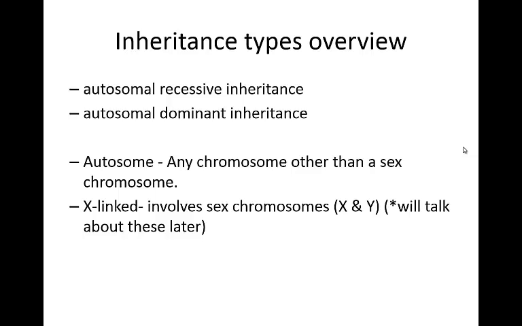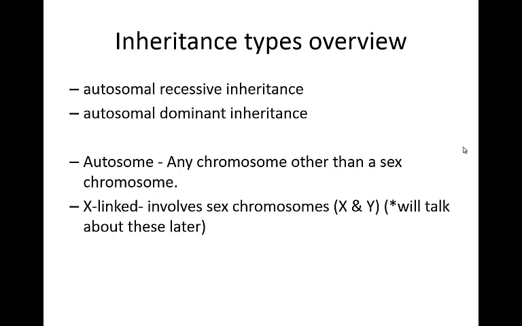Just a quick review of some of the different types of inheritance. Autosomal recessive inheritance typically skips generations and affects males and females equally. With autosomal dominant inheritance, affected individuals have an affected parent, and it again affects males and females equally.